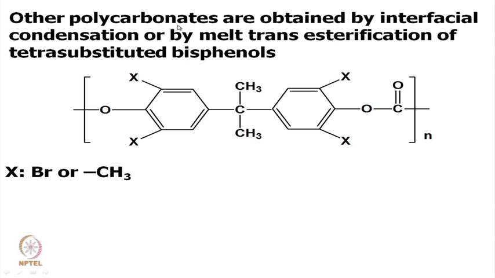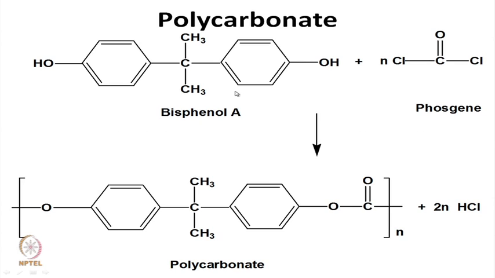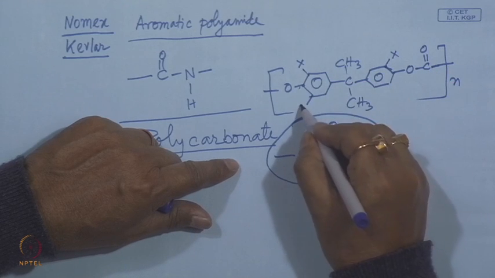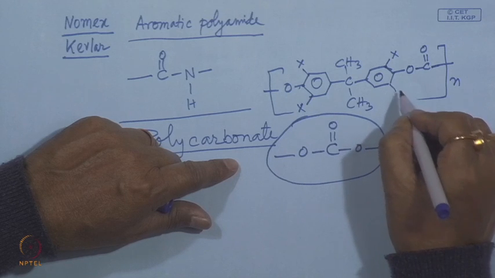Such polycarbonates can be prepared by interfacial polycondensation or by melt trans-esterification of tetrasubstituted bisphenols. As you have seen in this case, functional groups are attached at these points, here is one functional group X, X, X, X.